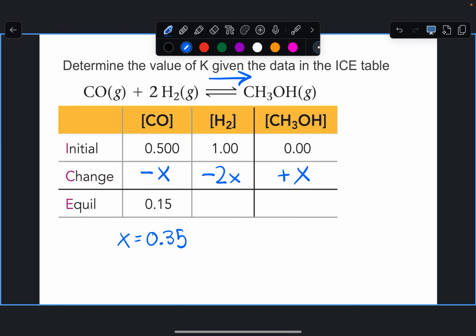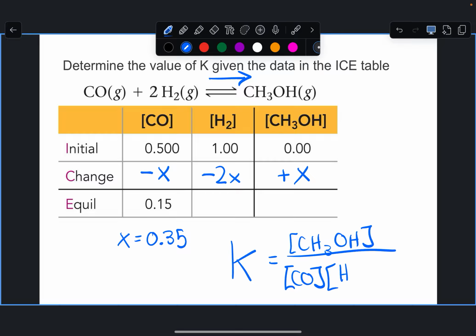So I have just figured out what x is, meaning I can plug that x in here and figure out what these equilibrium concentrations are, and then I could plug it into my K expression. And once I do that, then I would have the value of K.